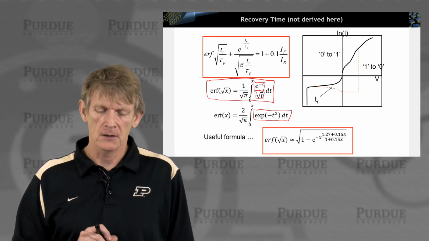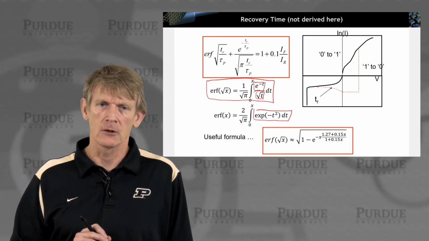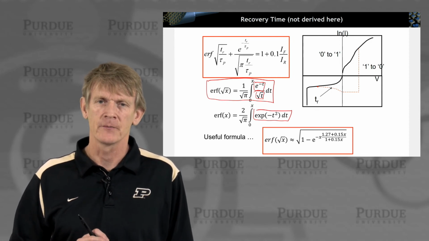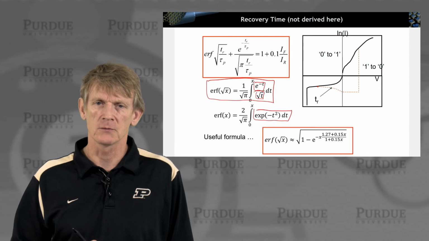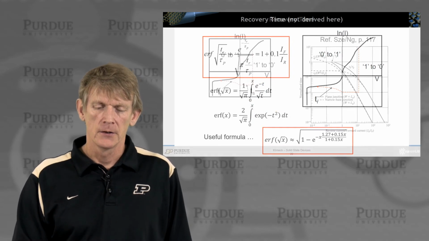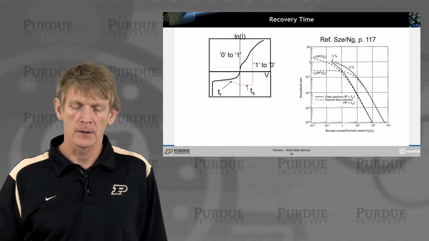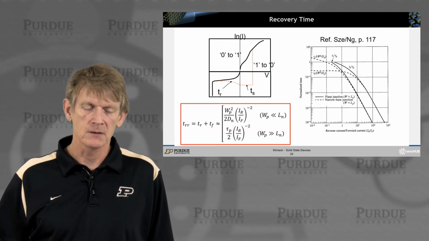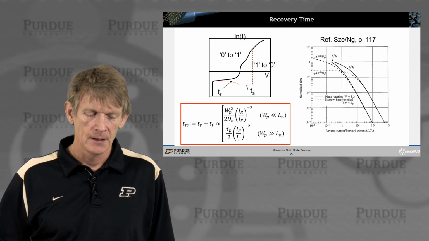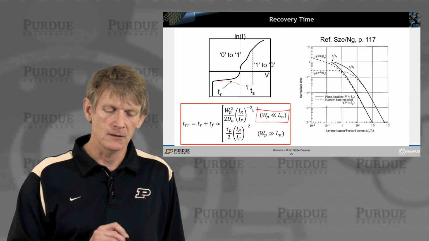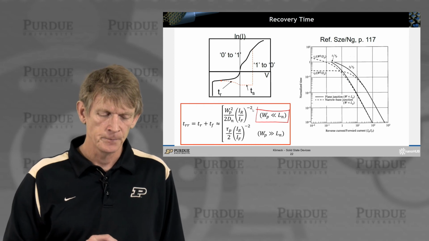As you evaluate those things numerically, the error function is somewhat of a pain. It's tabulated. There's an approximate expression that you might find useful as well. All right. So you can look up recovery times. You can look up expressions that are approximate for different lengths. So if your device length is much shorter than the diffusion length, you have an expression.